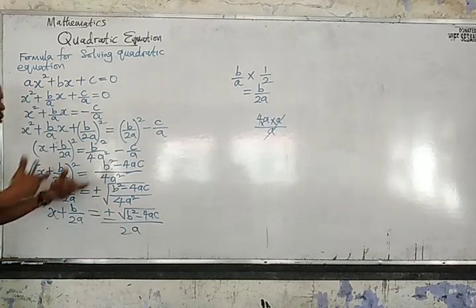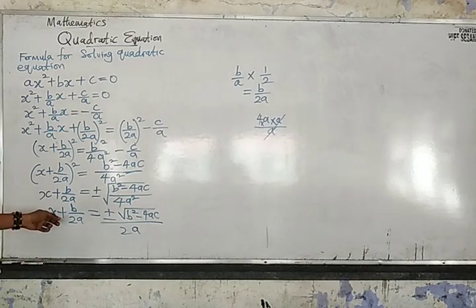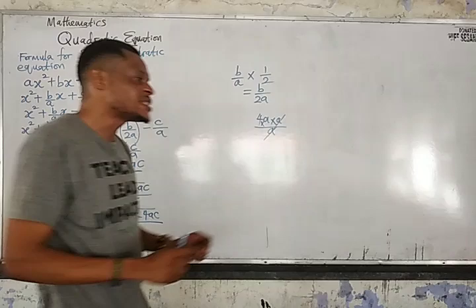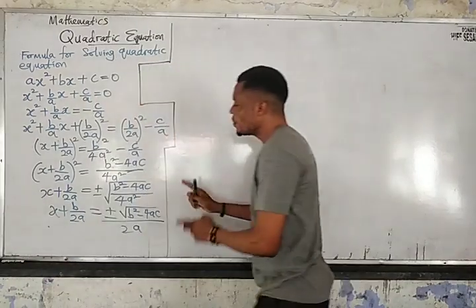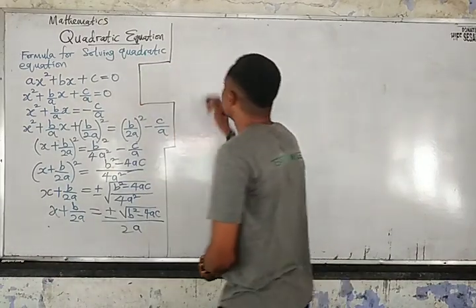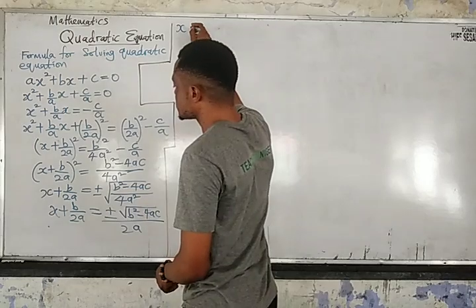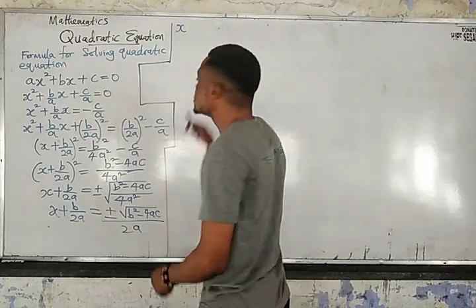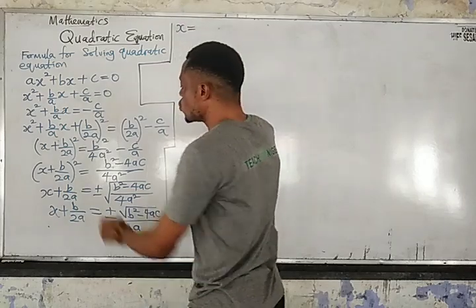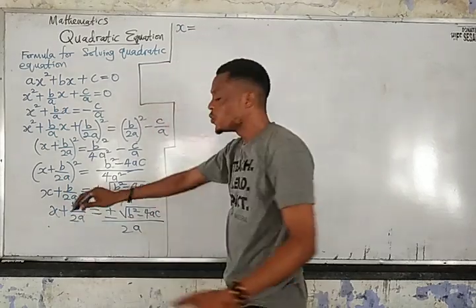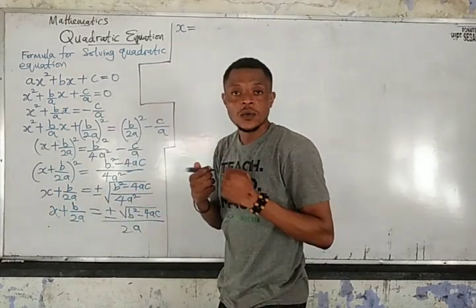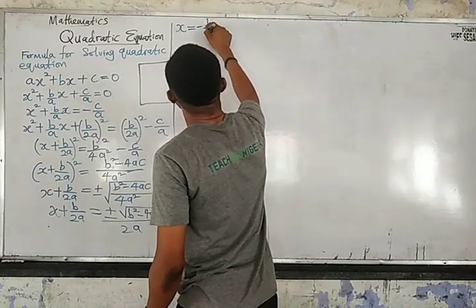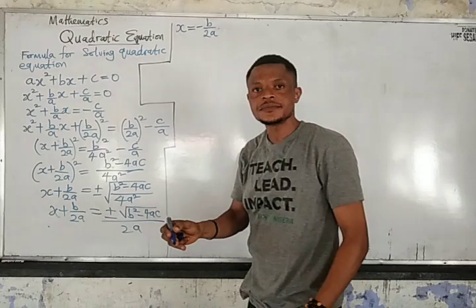Moving further, we are now going to collect the right terms in such a way that we make x subject of the formula. So making it subject of the formula here will give us x, the b all over 2a will move to the right side. By the time the b all over 2a moves to the right side, the sign will change. So it becomes minus b all over 2a.